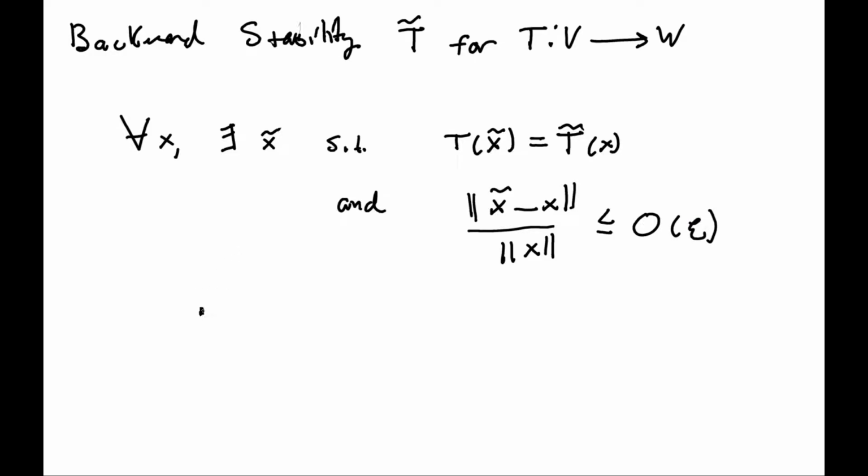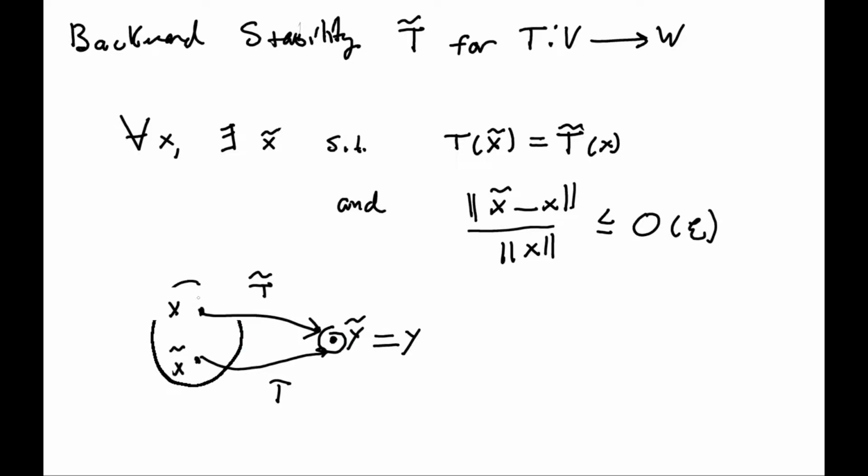So the picture here is very simple. You've got an input x and an input x tilde, and the input x gives an output y tilde using the algorithm t tilde, and the input x tilde gives an output y using the actual mathematical function t, and the two outputs are equal, not even close, but just equal, whereas the inputs are nearby.